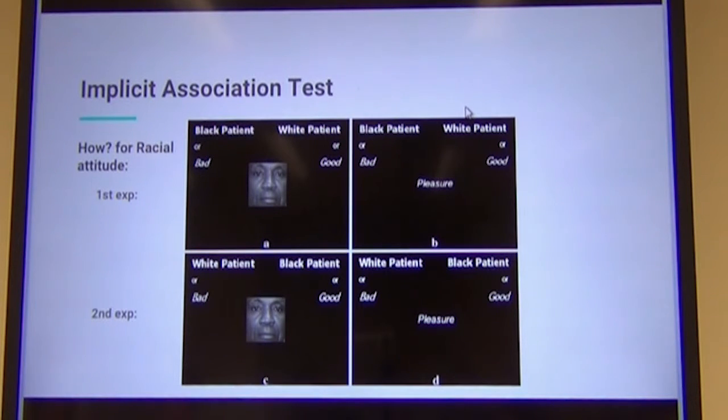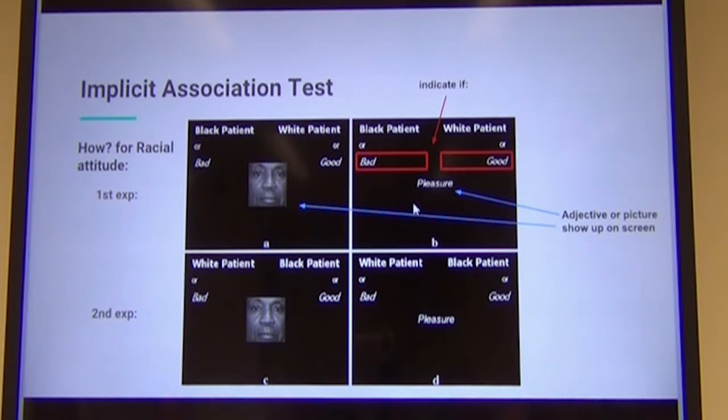This is a classic version of the IAT, and in an IAT you will see some pictures, such as the face of a white person or the face of a black person, and then you will also see some words, such as good words or bad words.